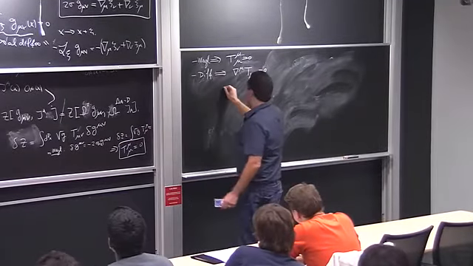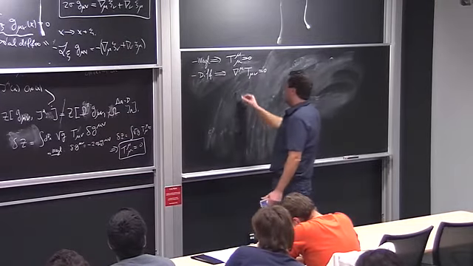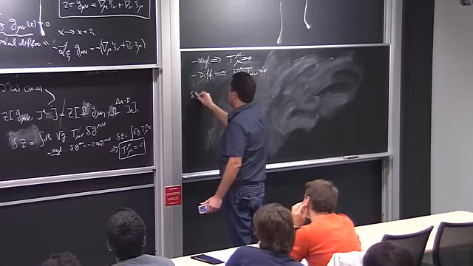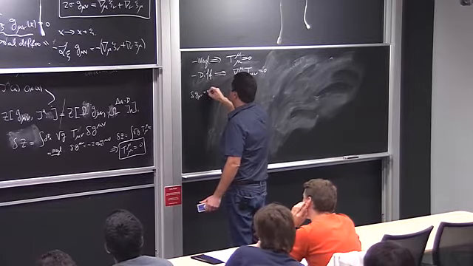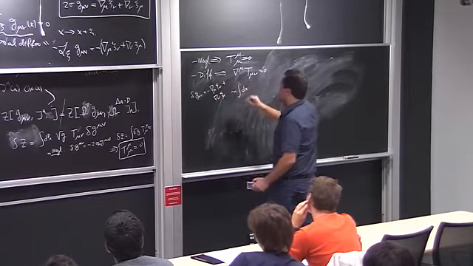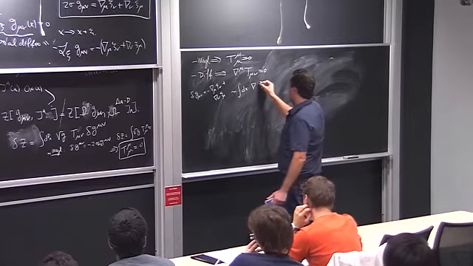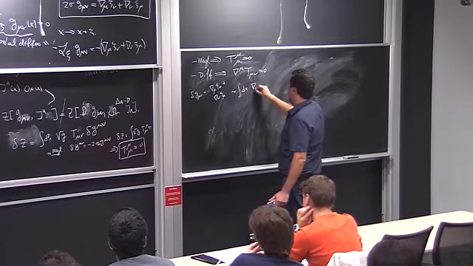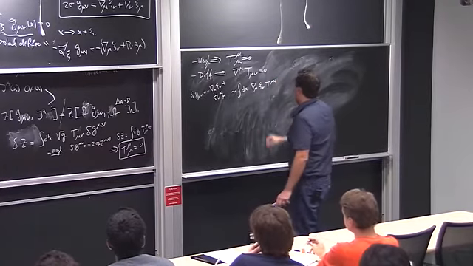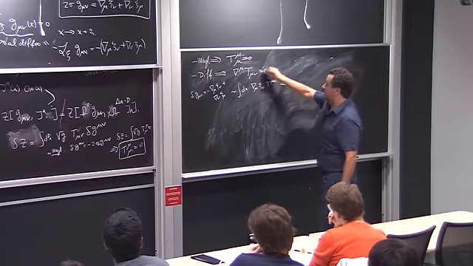All that we need to do is plug in what happens to delta g_{mu nu} under an arbitrary diffeomorphism, as I wrote many times before. Since T_{mu nu} is symmetric, you get something like this, and since psi^mu is arbitrary, this implies exactly this relation.